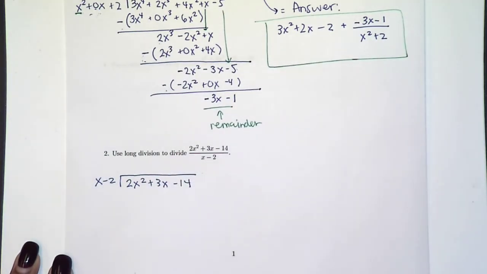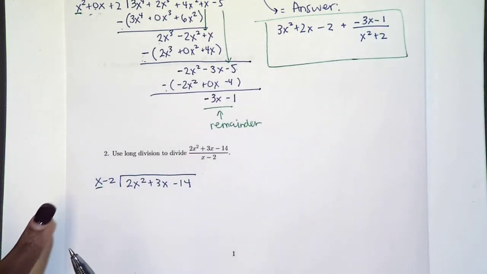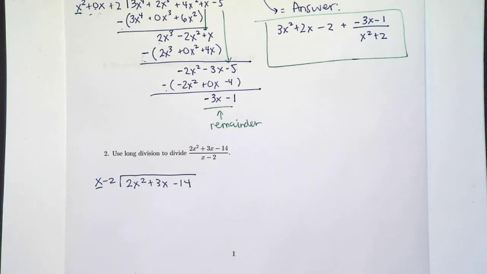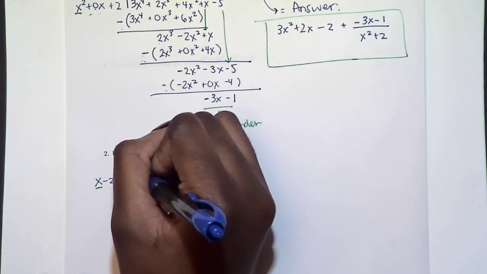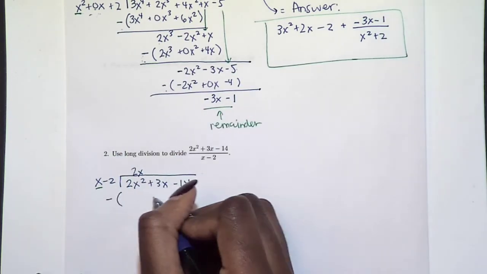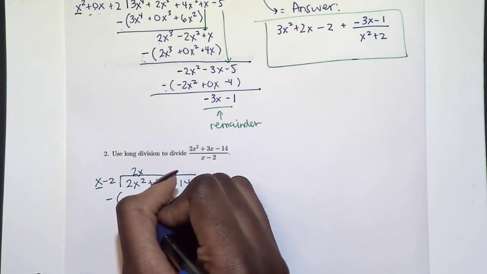And so we have to ask ourselves, looking at our first term here, what do I have to multiply x by to get 2x squared? Well, 2x. All right, then our subtraction happens, and so that's where we multiply our 2x by x.